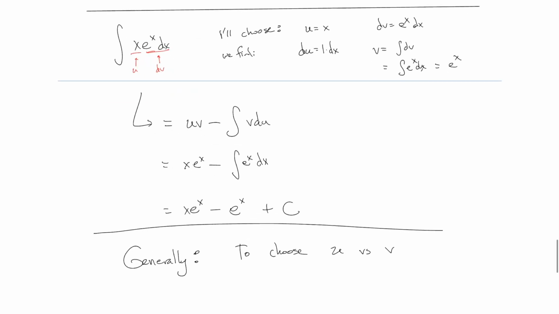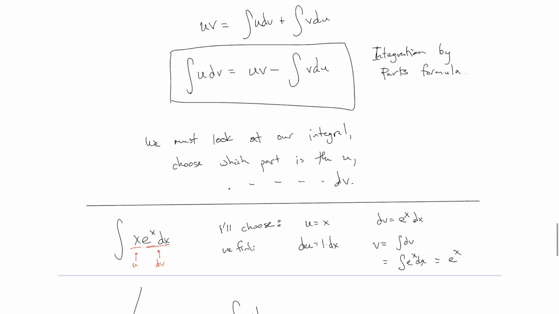The general idea is, notice that when we use the formula in the box, what we started with is u inside the integral, and we trade that for a du inside the integral. So you want to choose u to be something which gets simpler when you switch it with du. We started with u inside the integral; on the right side of the formula, we have du inside the integral.